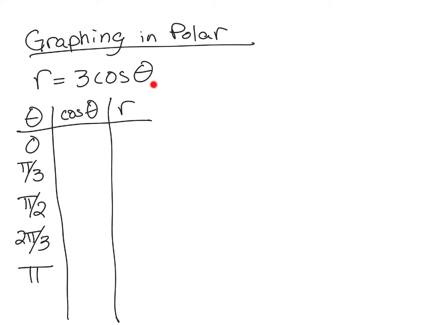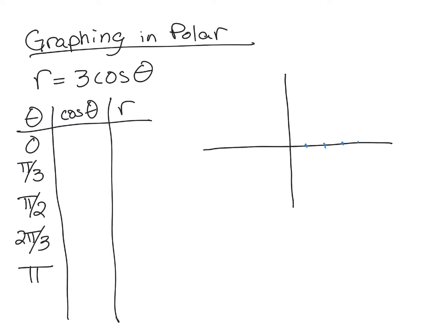Now, if this is my equation, instead of converting this to rectangular and seeing that it's a circle, I want to plug in values of theta to figure out what my radius is. And then on a grid, I'm going to rotate to whatever the theta was, and then move out that many units from 0, or from the origin, in that direction.